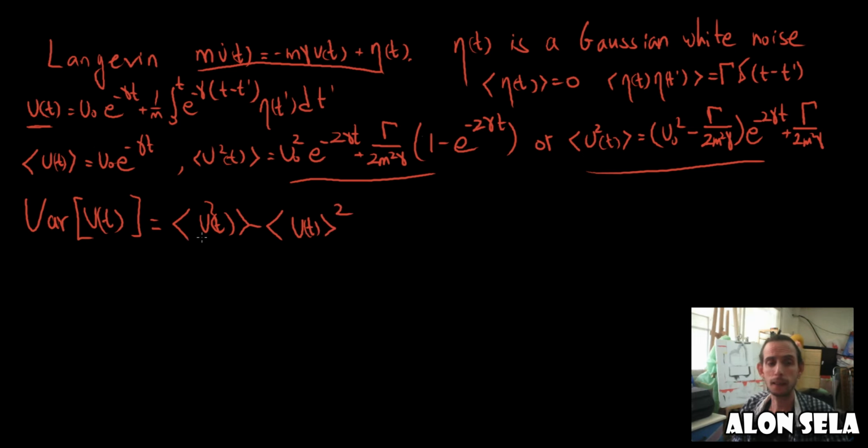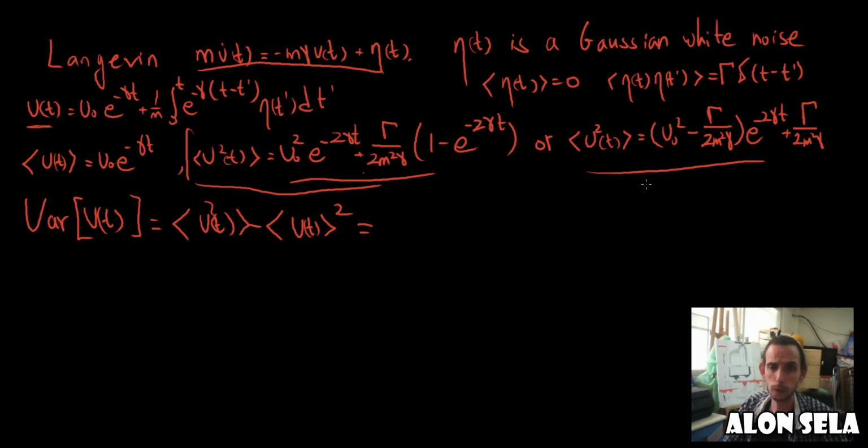So this is the variance: the expectation of the squared velocity minus the squared mean of the velocity. We found both of these quantities, so let's plug them in. This expression right here we found in the last video, so let's use this first one.